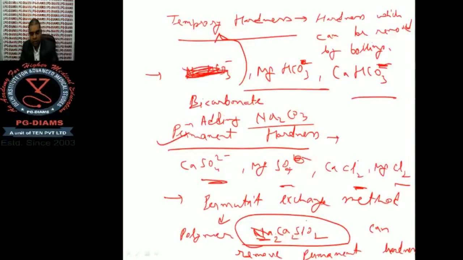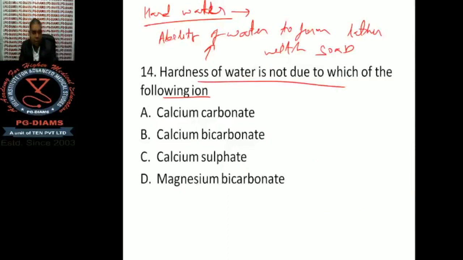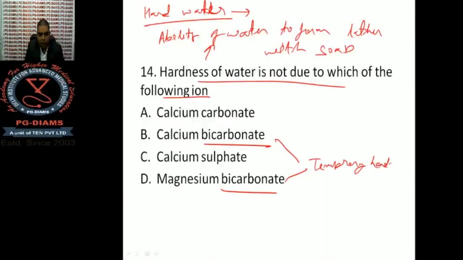Coming back to the question, the two bicarbonates are both responsible for temporary hardness, and calcium sulfate is responsible for permanent hardness. But calcium carbonate does not lead to any hardness, so the correct answer is calcium carbonate.